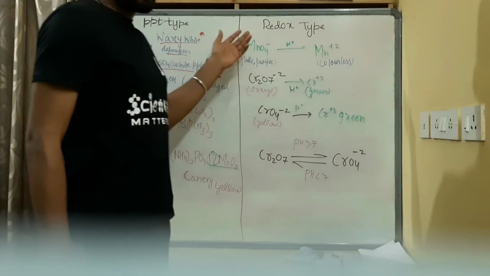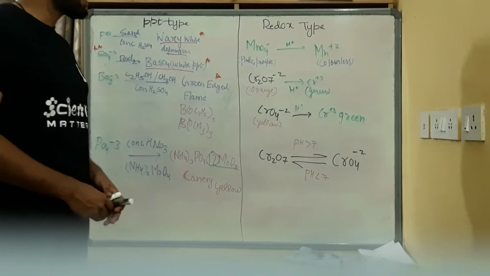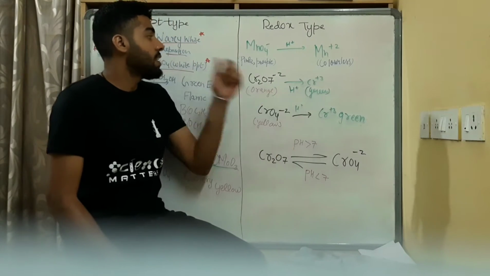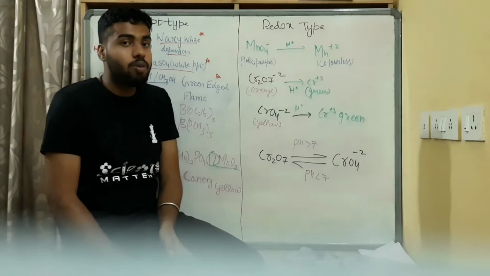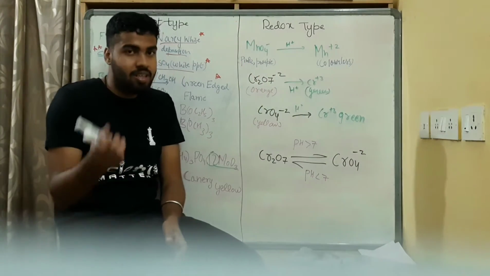And the other possibility, as I told you, is the redox type reaction. This again forms an important part of chemistry. MnO4- is usually of a pink or purple color. You must have used it as an oxidizing agent.